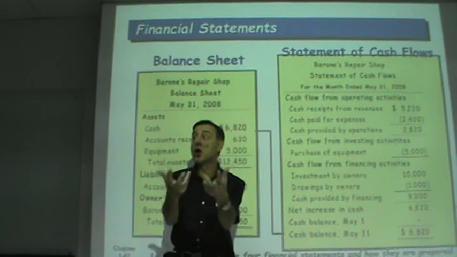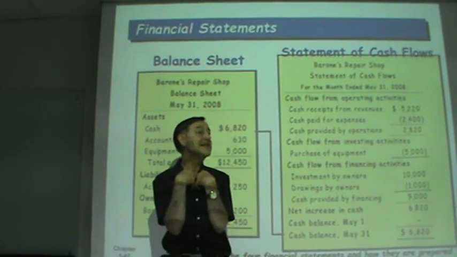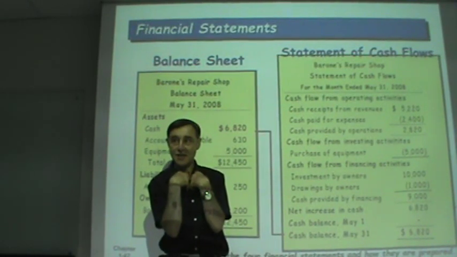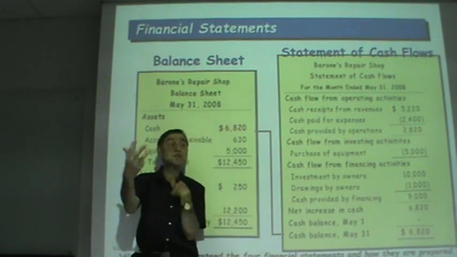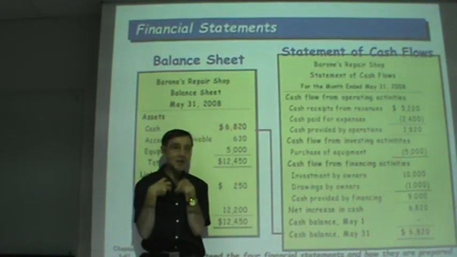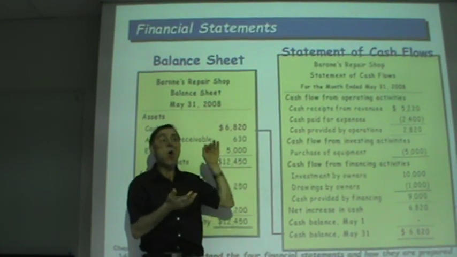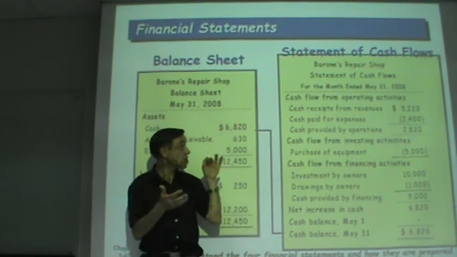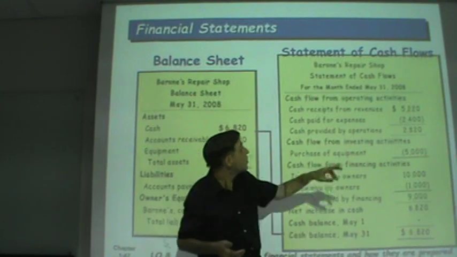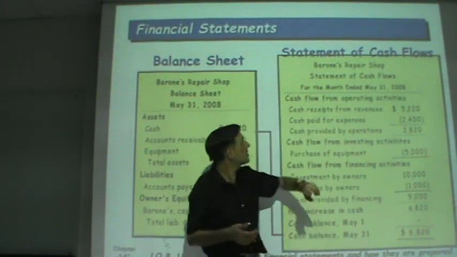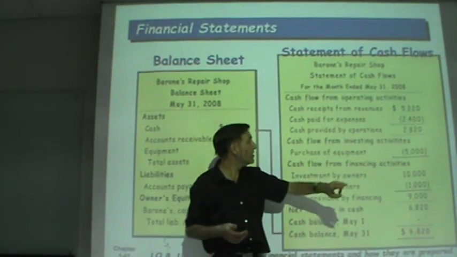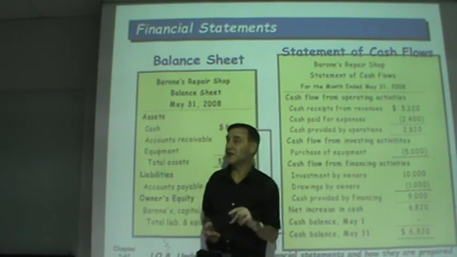So, you take a loan from the bank, it's a financing activity, okay? You take investment from the owners, it's a financing activity. So, all business operations are divided into operating activities, investing activities, and financing activity.